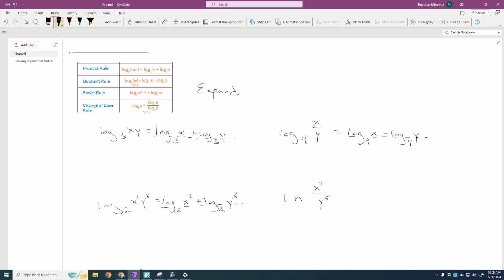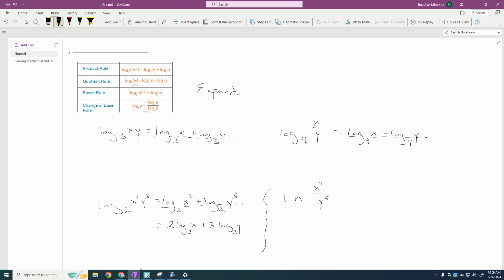So this 2 can come out in front, and I have 2 log base 2 of just x. That 2 comes out in front. Same with the 3. The 3 can come out in front, and I can have 3 log base 2 of just y. And I've satisfied my rules. There's only a single term inside the log, and there's no exponent.